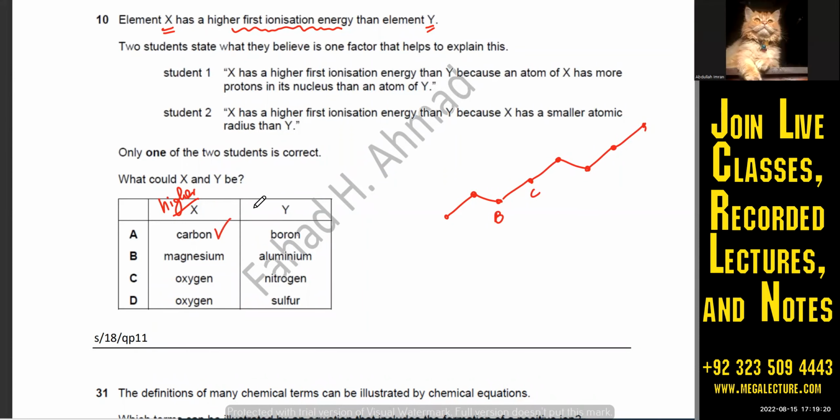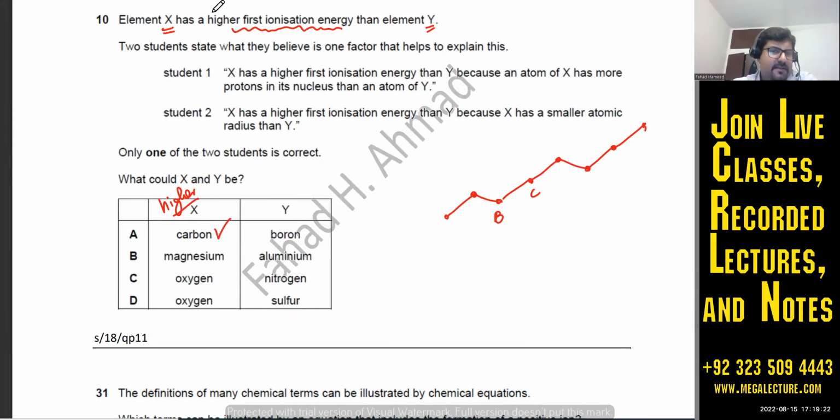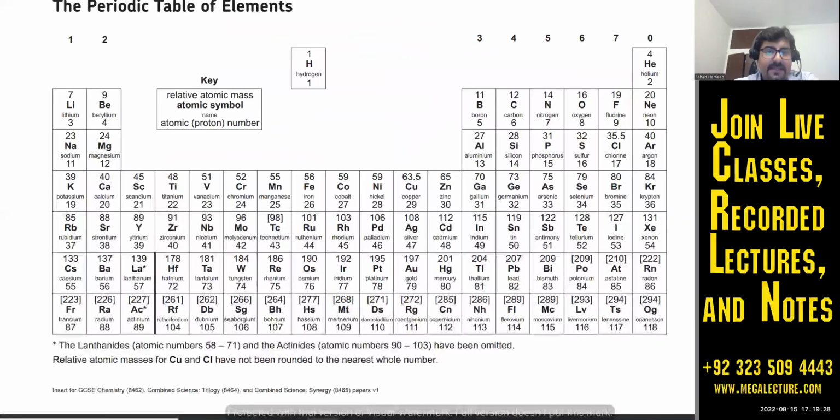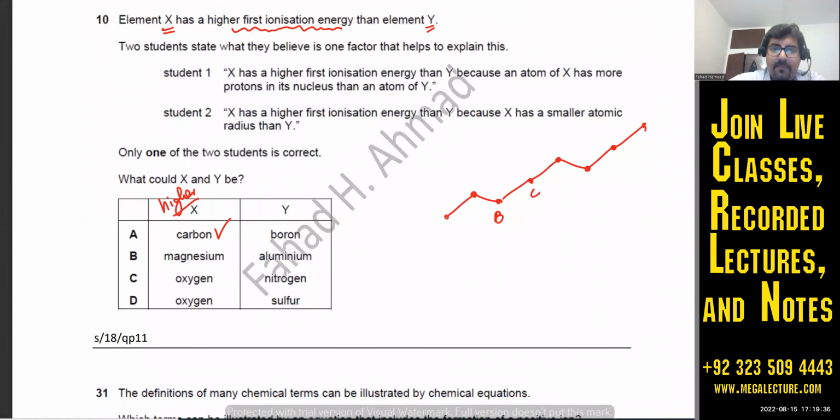Yes. So I'm just checking the next statement out. Magnesium and aluminium. Are they in the same period? Magnesium is over here and aluminium is over here, so they are in the same period. Across the period, magnesium will be in group 2 and aluminium in group 3.